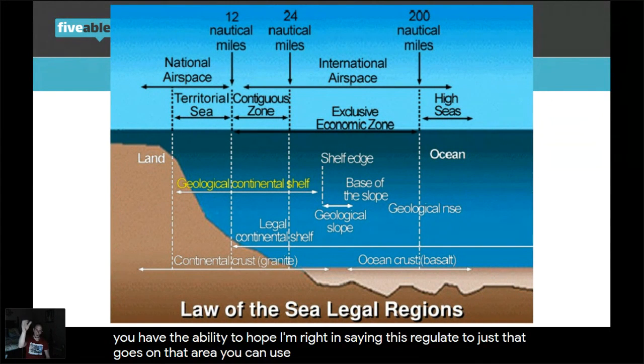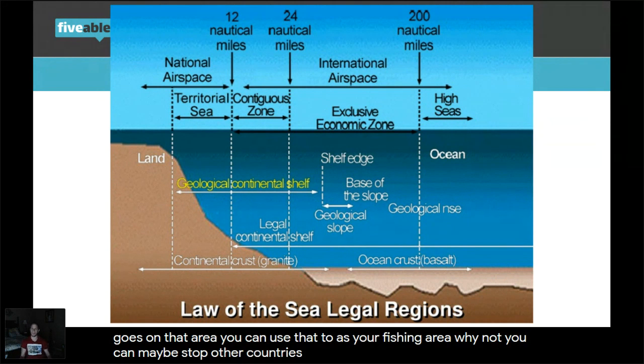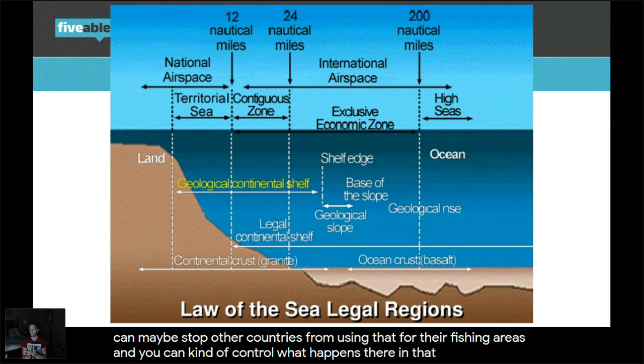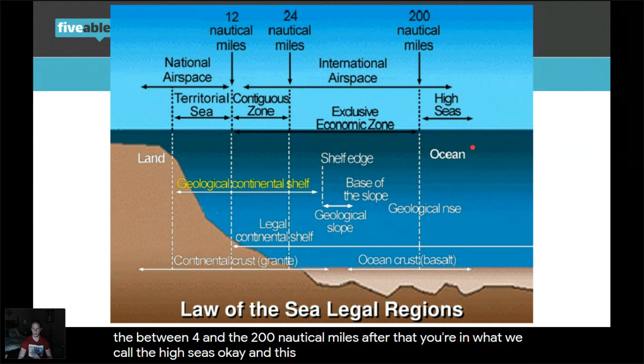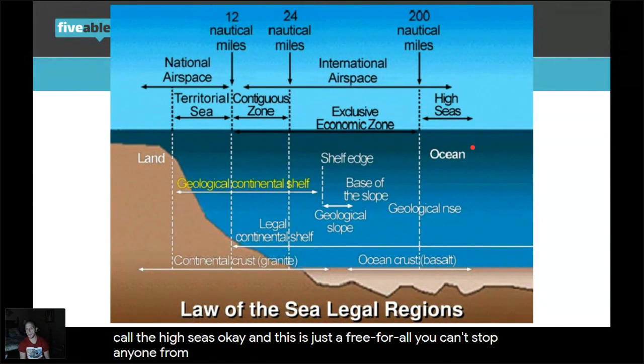Like you can use that as your fishing area or whatnot. You can maybe stop other countries from using that for their fishing areas, and you can kind of control what happens there in that area between the 24 and the 200 nautical miles. After that, you're in what we call the high seas. Okay, and this is just a free for all. You can't stop anyone from going in the high seas.